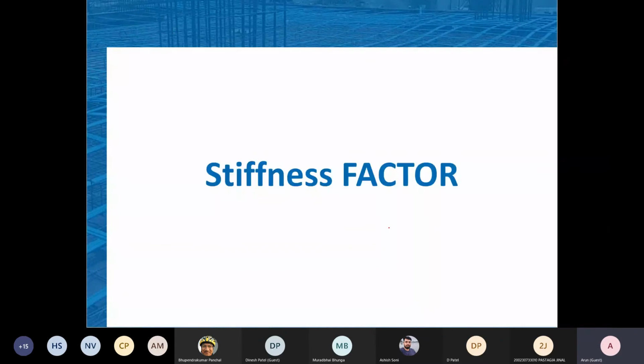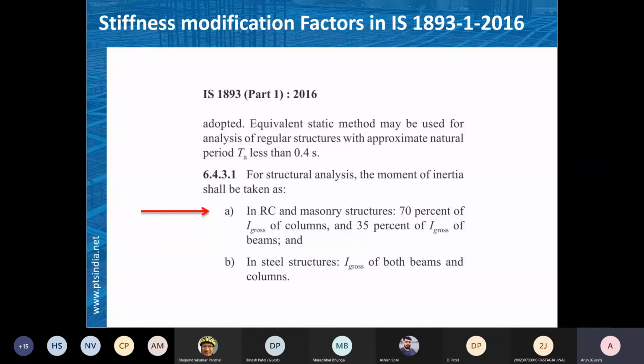Regarding the stiffness factor, in IS 1893 Part 1 2016, this is the stiffness factor that is asked for the analysis of buildings for earthquakes and wind and all the things. Here, 70% of I gross of the column is to be considered, and 35% of I gross of beams.